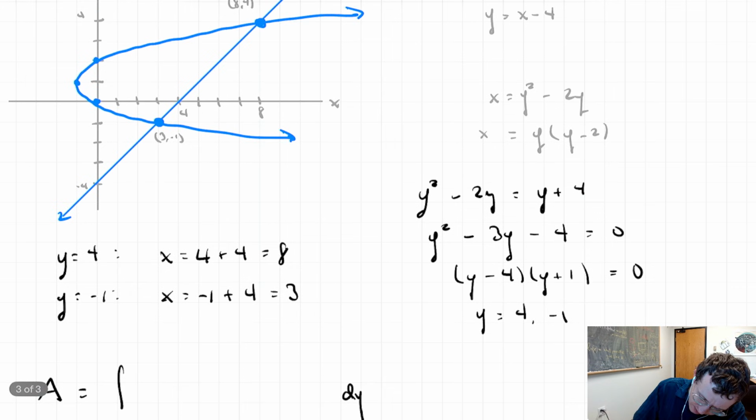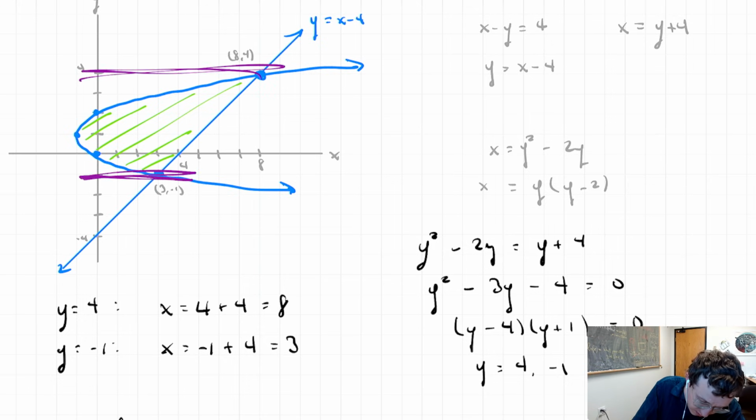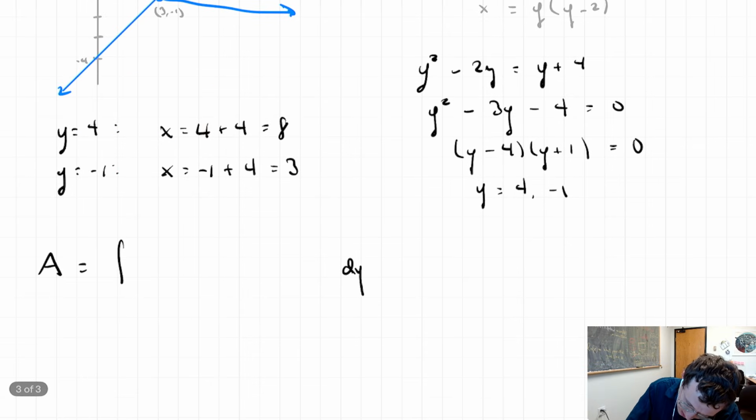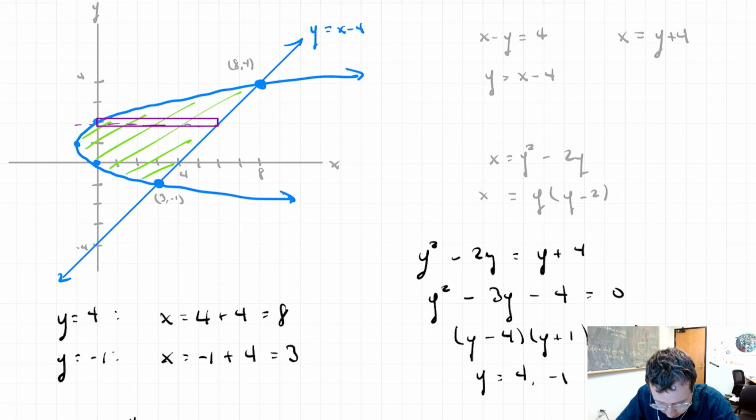And then our y values, now let me draw in the region. The y values go from negative 1 up to positive 4. So I'm going to integrate from negative 1 to 4. And I'm subtracting the x values. The point being that at any given y value, if I make a little slice, a little rectangle, the height of the rectangle is the dy.